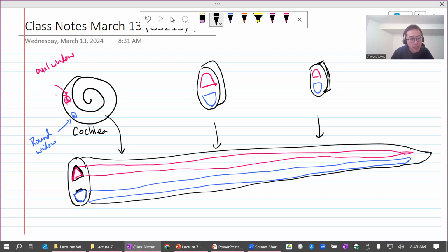So of course, you're gonna have your stapes piece pressing on the oval window, right? So I'm gonna draw it right here. That's the stapes. Of course, it's connected to the other two bones, right? The anvil and the hammer. These are the ossicles.